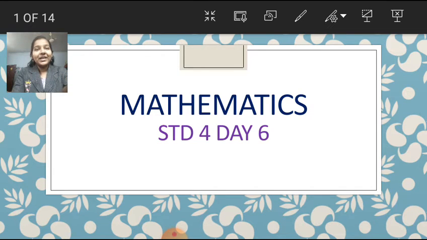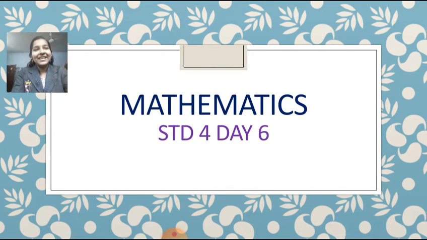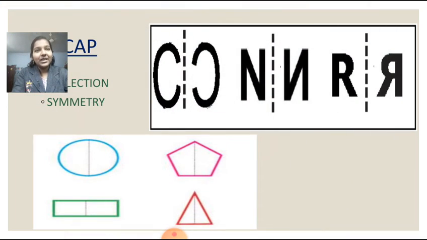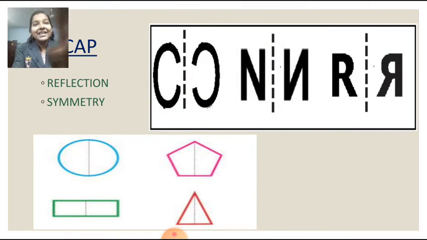Okay, children, do you remember what we have learned in the previous class? Yes, in the last class, we learned about reflection and symmetry. Children, can you tell me what is reflection?